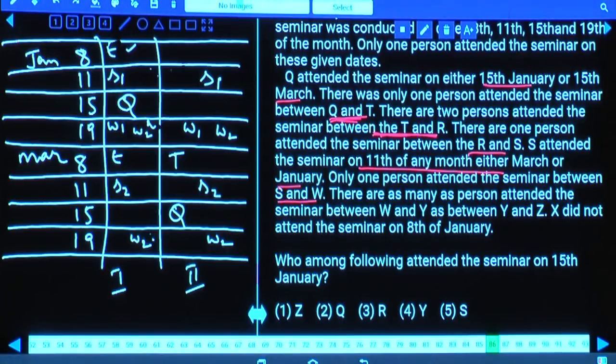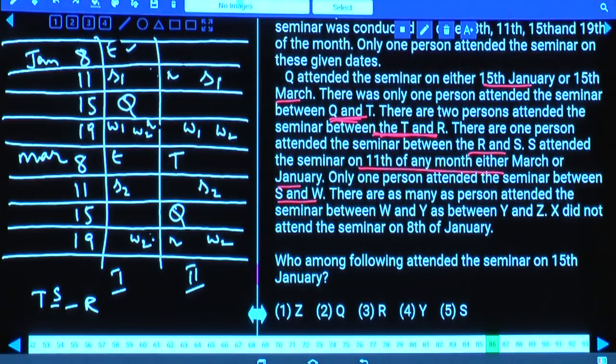Then again, in this case, what should be the position of this T? R can be either at this place or at this one, because there are two persons between T and R, and there is one person between R and S. Two persons between T and R, and one person between R and S, and this is the possibility we can have, isn't it?